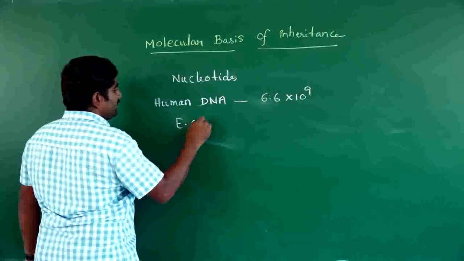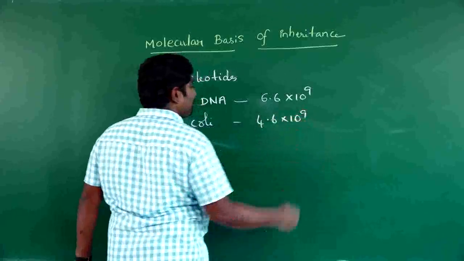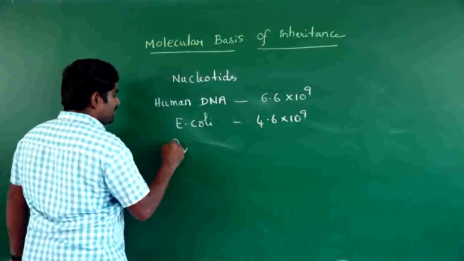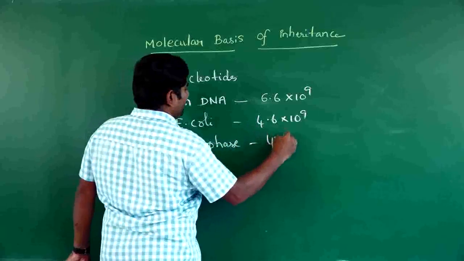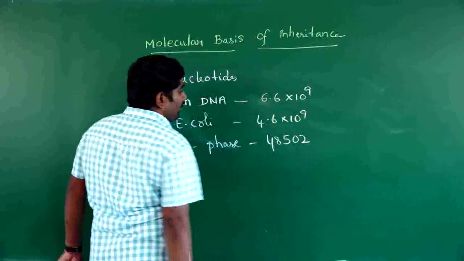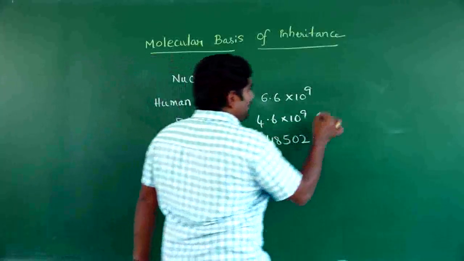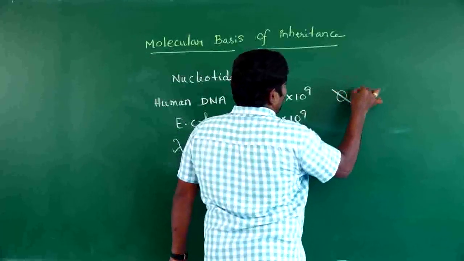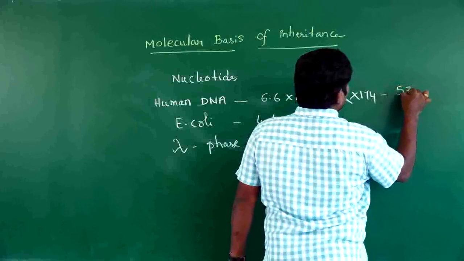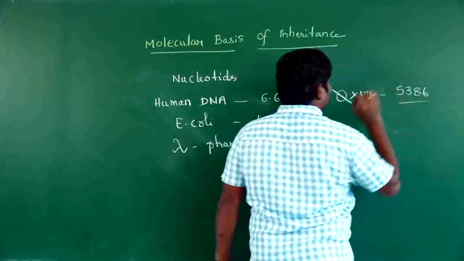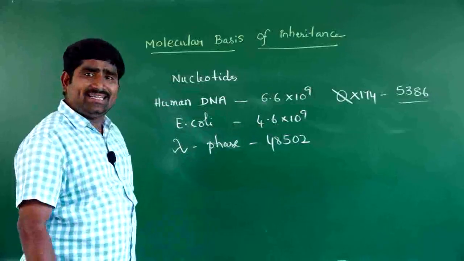E. coli contains 4.6 x 10^9. Lambda phage contains 48,502 nucleotides in its DNA, and the phi X174 bacteriophage contains 5,386 nucleotides in its DNA.